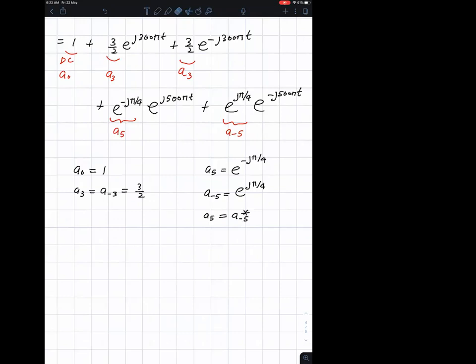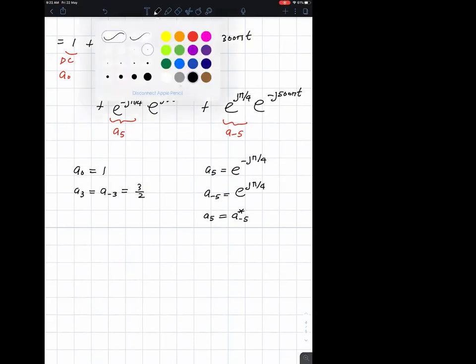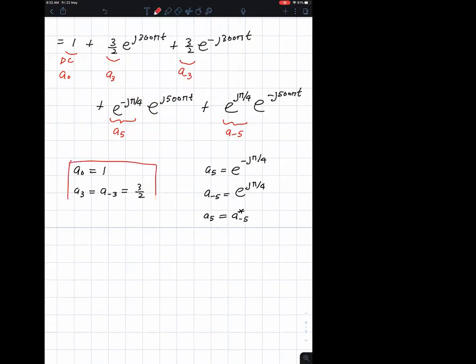Conjugate means we change the sign on the imaginary part. Okay, so that's how you do it.